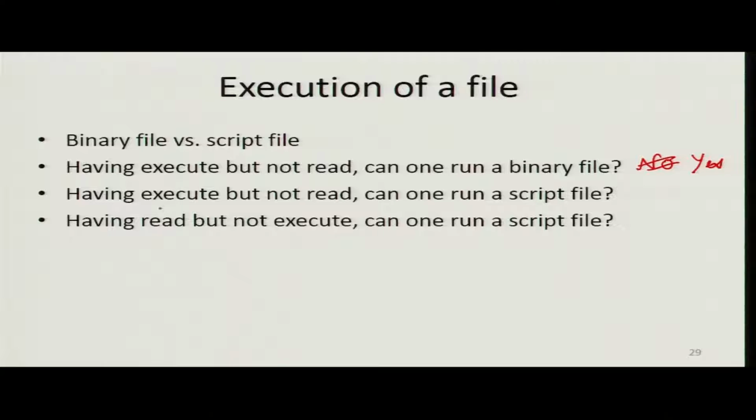But for a script file, since it is interpreted, if you have only execute permission, then you cannot run the script file without the read permission. But if you have a read permission but not execute on a script file, can you execute it? And the answer is kind of yes, because you have to invoke an interpreter and then read the file into the interpreter, and then you can do that.